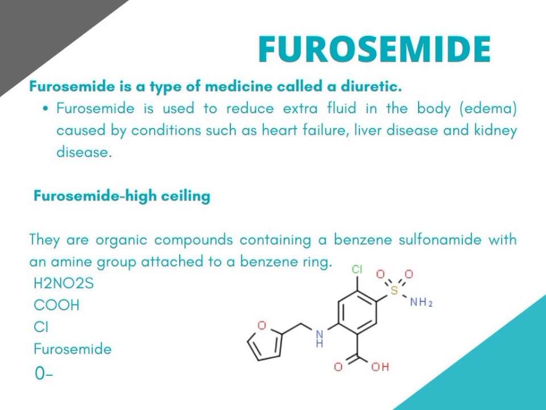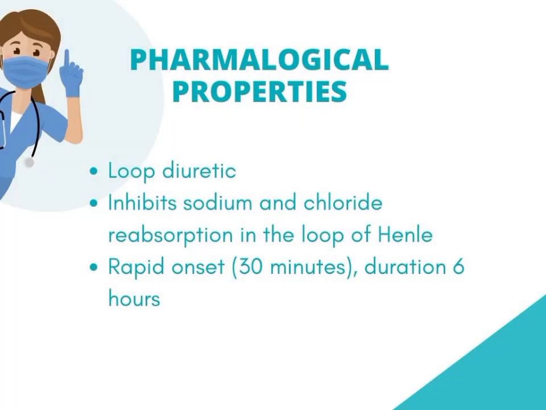The structure consists of a furan ring, a sulfamoyl group, and an anthranilic acid derivative. This combination imparts its diuretic properties by inhibiting the reabsorption of sodium and chloride in the loop of Henle in the kidneys.